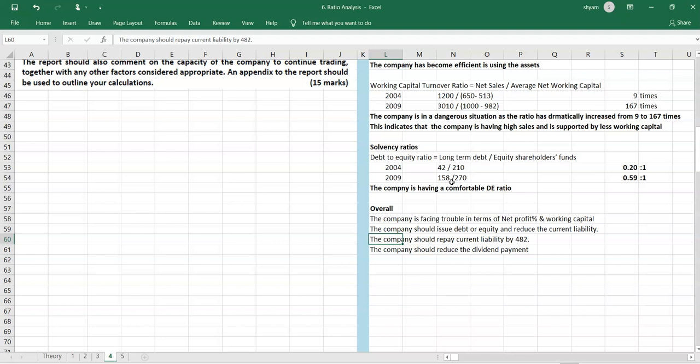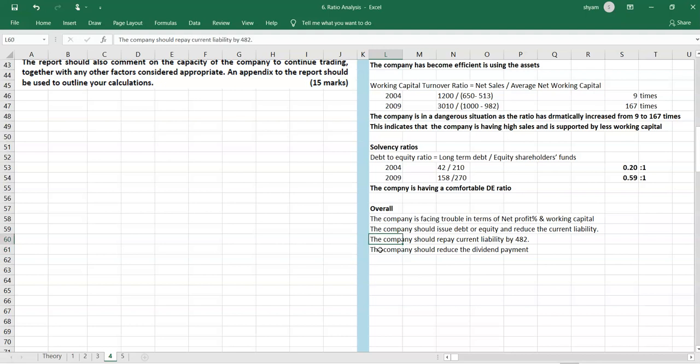They only have to partially increase from debt. So 200 or 300 they can increase from loans, and 200 they have to increase through equity shareholders' funds. So there is no other way to avoid this, right?